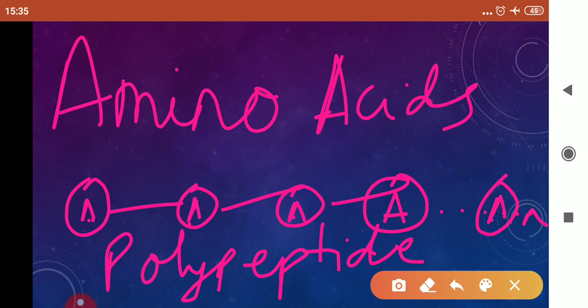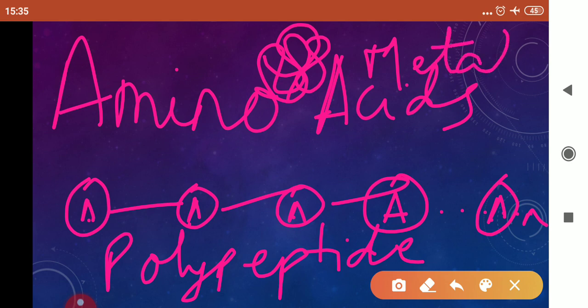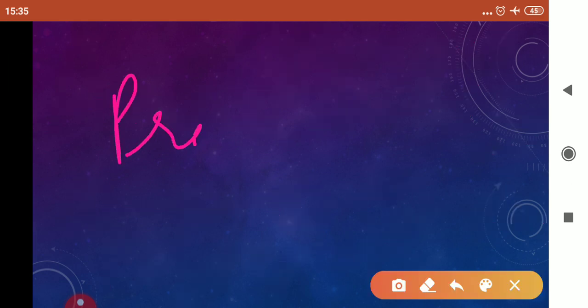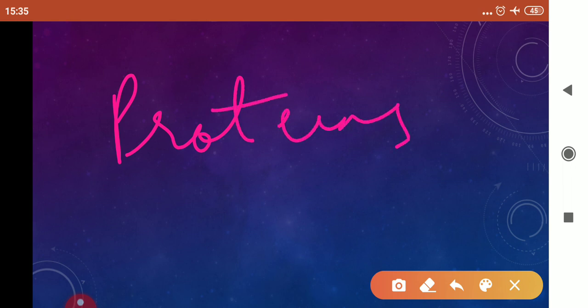After the formation of polypeptide chain, this chain is wound around itself or around any metal ions or any other cofactors or coenzymes to attain a specific structure. That structure is called as protein. Remember, if protein loses its structure, it will no more be functional. This was all about proteins.